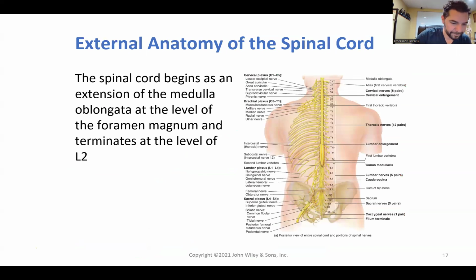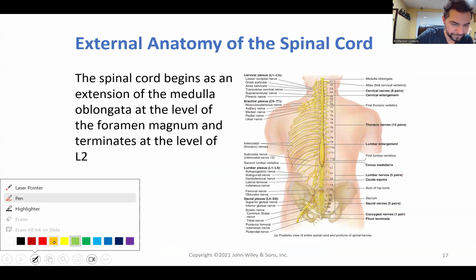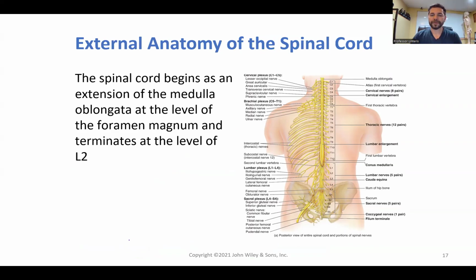Now let's break down the generalized structure. So far, we looked at a cross section, and we saw the construction of the gray versus white matter, and we saw neurons coming in and going out and where they were going to. This is looking at the spinal cord, big picture.